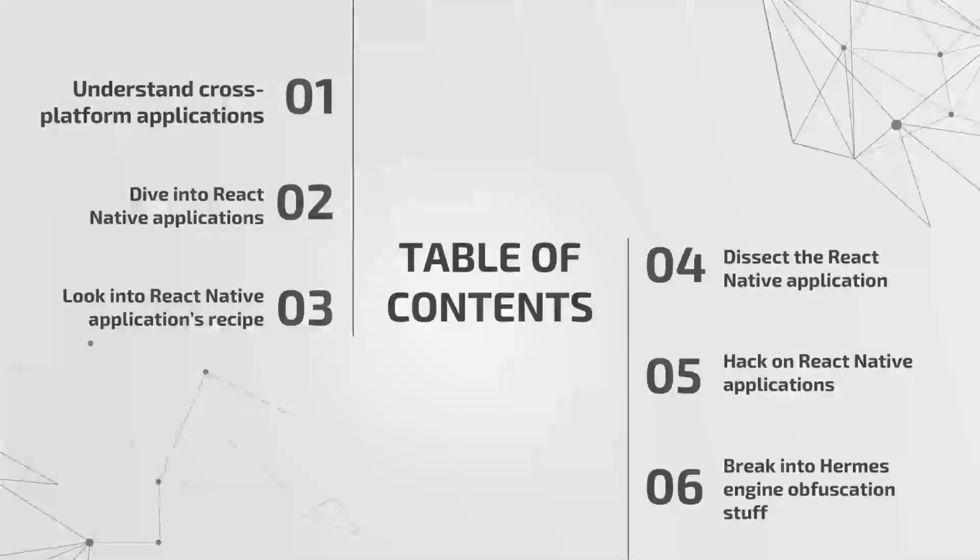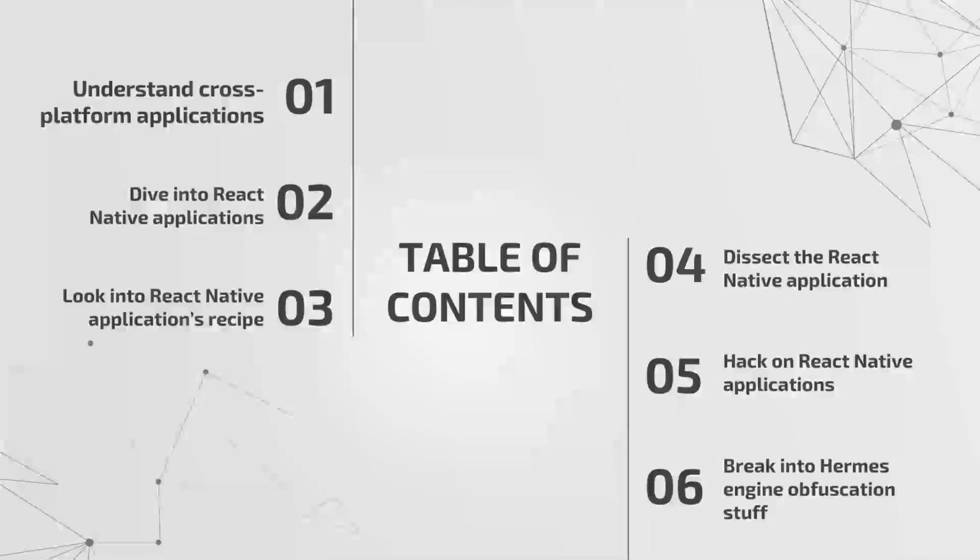So this is our agenda. We're going to understand cross-platform applications. After that we'll dive into React Native applications, and then we'll look into the React Native recipe. This is the theory part. After that we will dissect a React Native application, uncovering how to reverse engineer it.